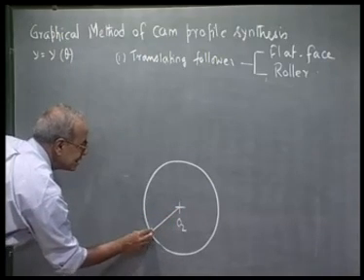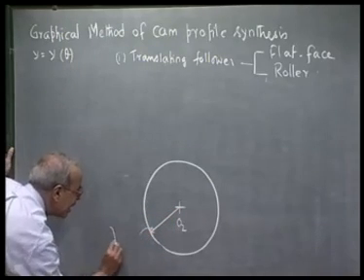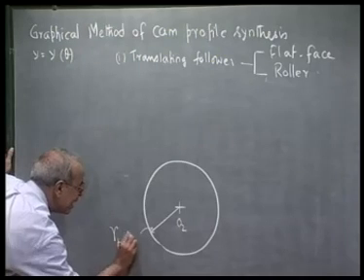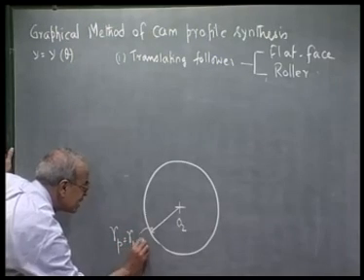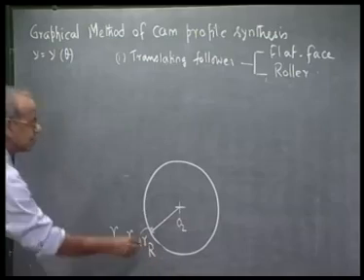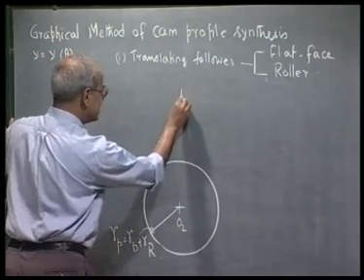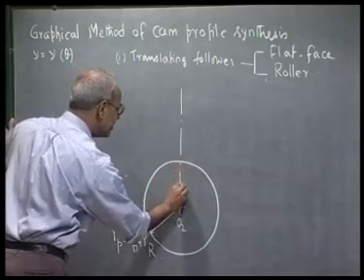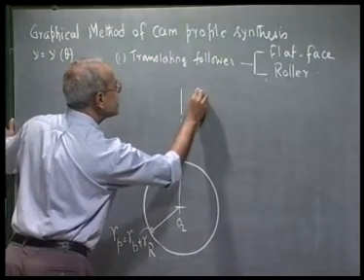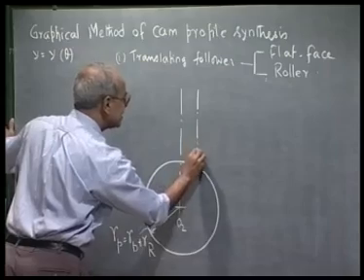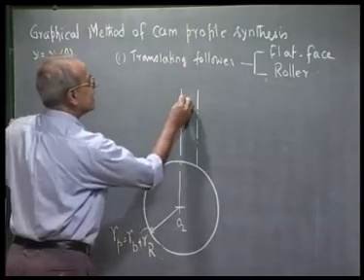So the radius is RP, which is RB plus RR. And let's say the offset is E. This is the offset E.